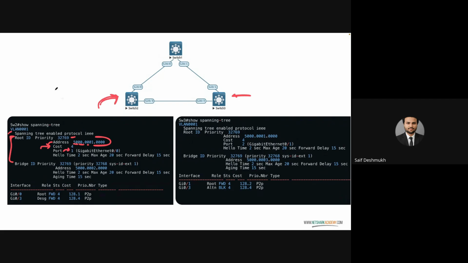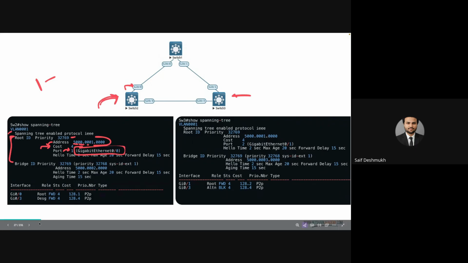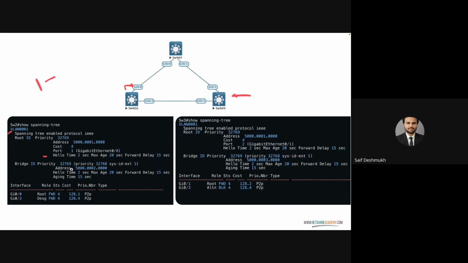It's port 1, the first interface, which is pointing to gigabit 0/0. Look at this gigabit Ethernet 0/0. These are the timers conveyed by switch 1 in that BPDU. And this is my local bridge ID. In this example, that's the only difference, and that's how we can say switch 1 had a lower bridge ID. That's why it became the root.